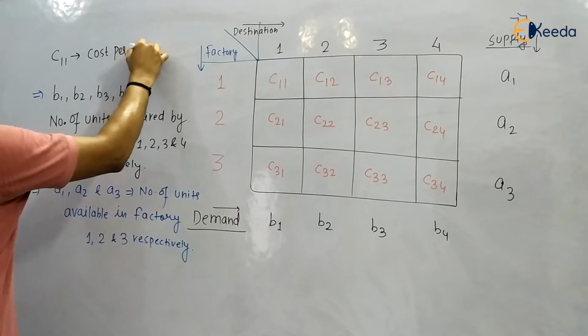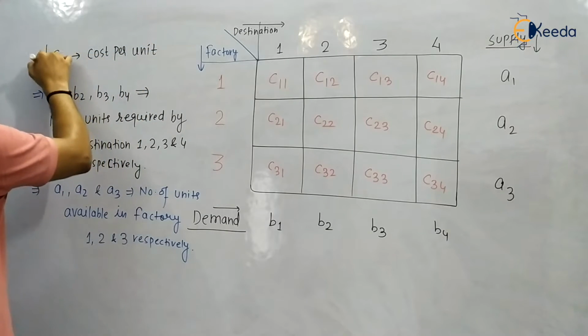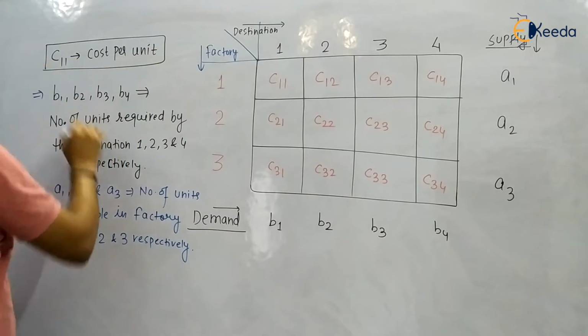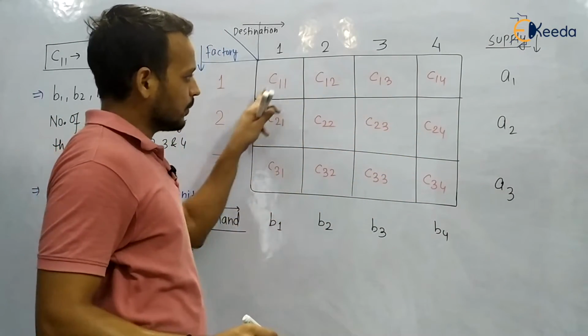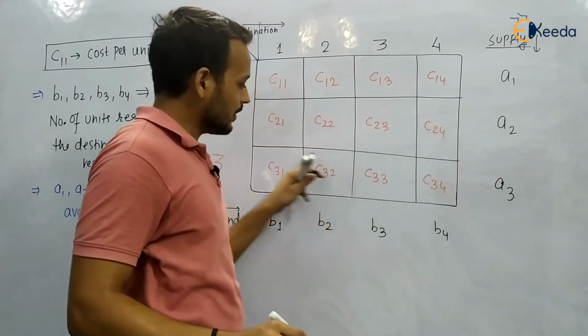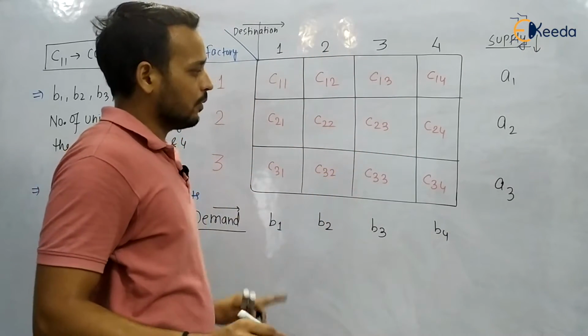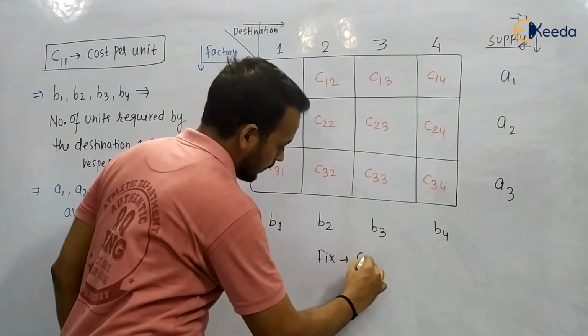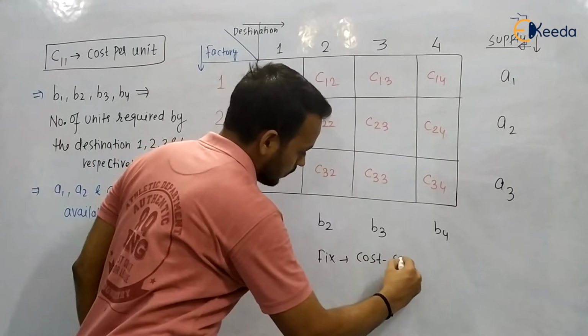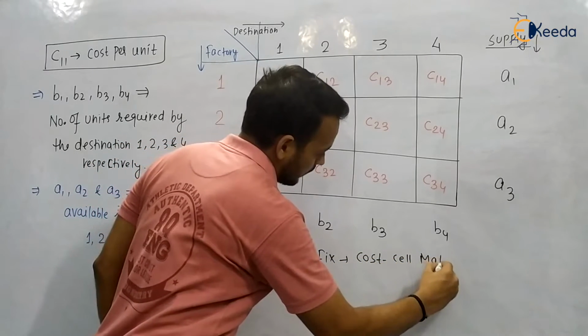Anything which is written inside this matrix, inside this box, represents the cost. As a result, this matrix is known as the cost cell matrix. The figure represents a cost cell matrix.